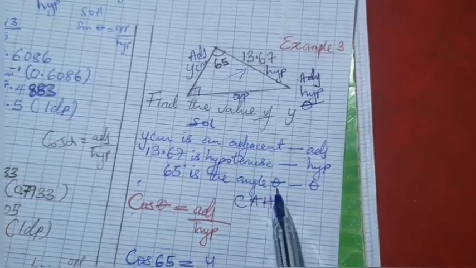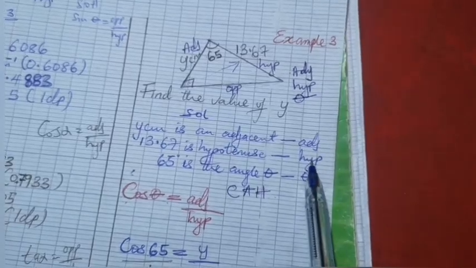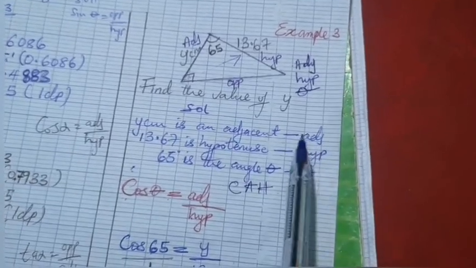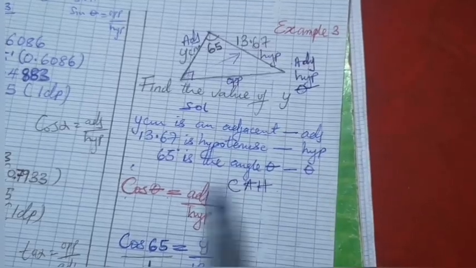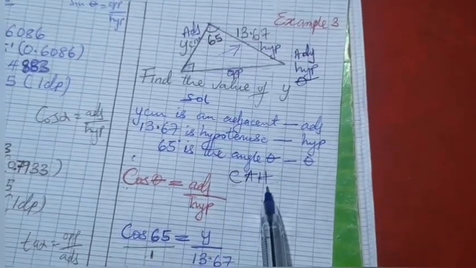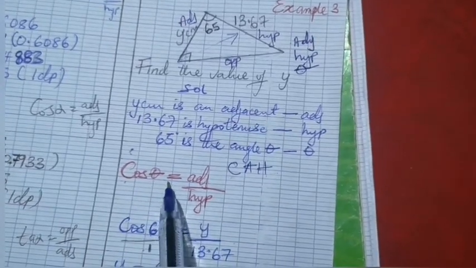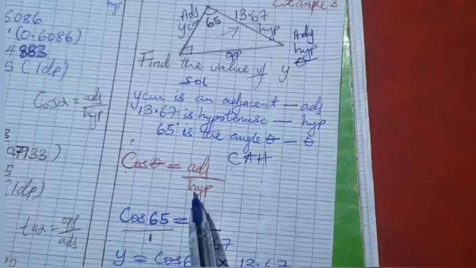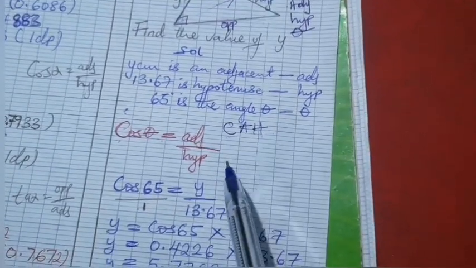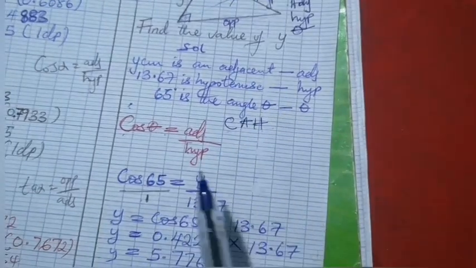So we look for the acronym that has adjacent, hypotenuse, and theta from SOHCAHTOA, and that is CAH. C-A-H. So cos theta is equal to adjacent all over hypotenuse. The next thing we will do is to replace all these things with the values we have here.